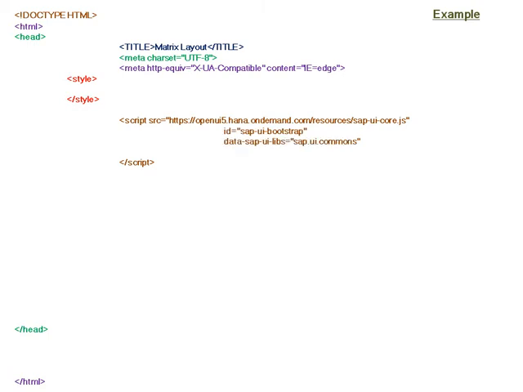Style tags we have mentioned here. We'll see later how we are going to use it. And the SAP UI5 libraries definition. So bootstrap ID and the libraries which we are going to use, that is sap.ui.commons, and the theme, that is Blue Crystal.